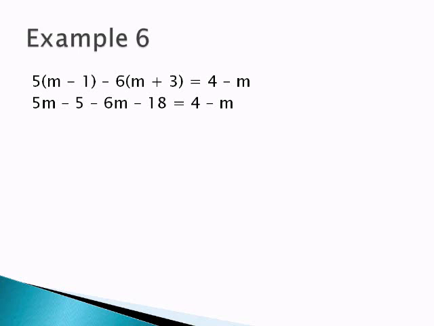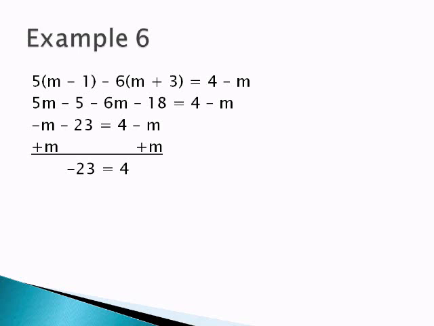Let's combine like terms. 5m minus m is negative m, and negative 5 minus 18 is negative 23. Now we can solve this. We have m's on both sides, so we're going to combine them together. The opposite of a minus m is a plus m. And when I do that, we get negative 23 equals 4.